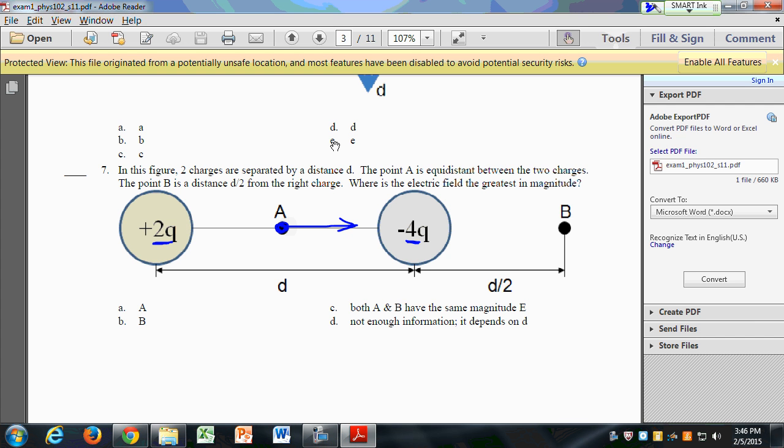Due to this charge, it's going to be in that direction. Over here, due to the minus 4q, I get it in that direction. And then due to this charge, because I'm a lot farther away and it's a smaller charge, I get an electric field vector in that direction. So some questions are just asking you about interpreting electric field vectors like that.